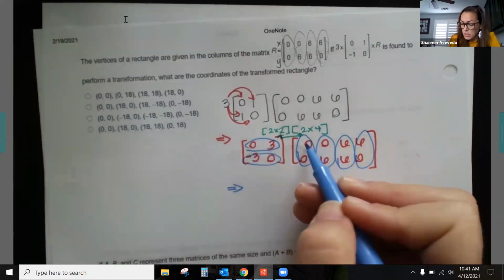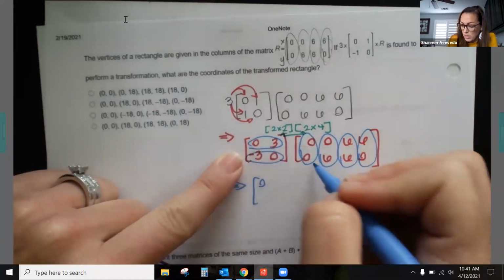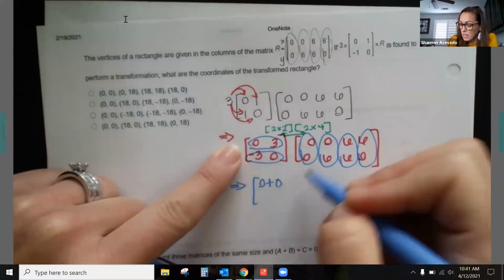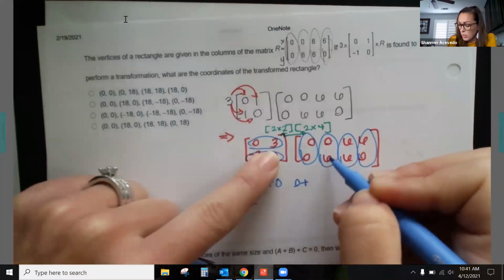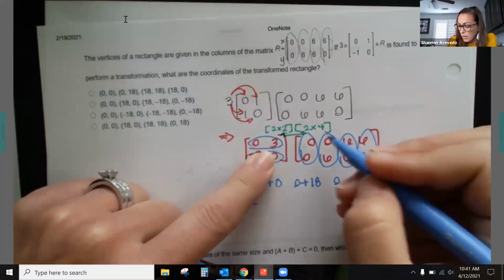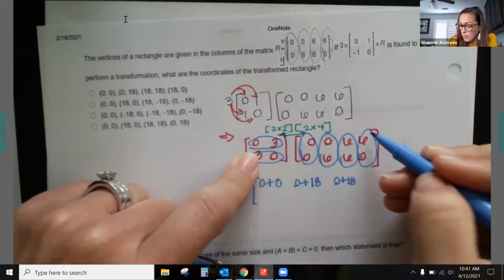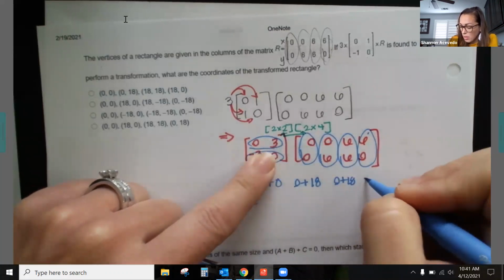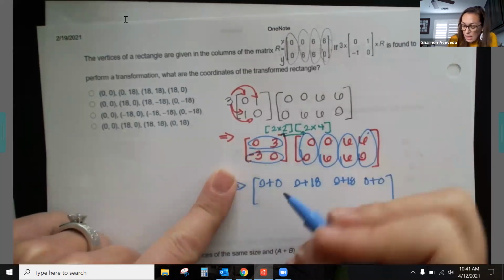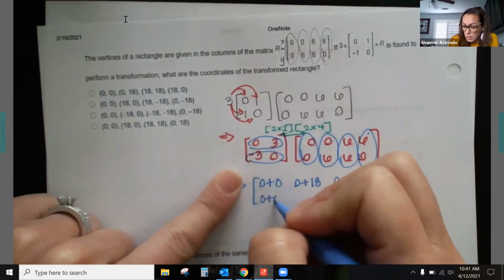All right, so let's go ahead and look at that first one. So it's 0 times 0 is just going to be 0 plus 3 times 0 is 0. Oh, this is making it easy with all these zeros. It's going to be 0 plus 3 times 6 is 18. It's going to be 0 times 6 is, of course, 0, and then plus an 18 again. 0 times 6 and 3 times 0 are also zeros. And then I go to my next row and I end up with -3 times 0 and 0 times 0 is again 0 plus 0.